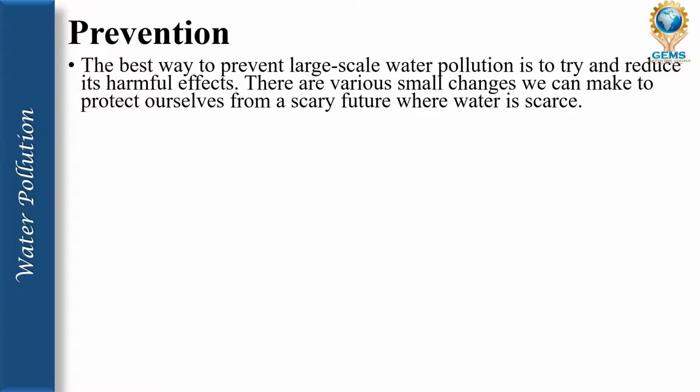So small things can be implemented, because when all the water has been polluted, where will we go for drinking water? There will be a future in which there will be a scarcity of water. So we have to look into that also.